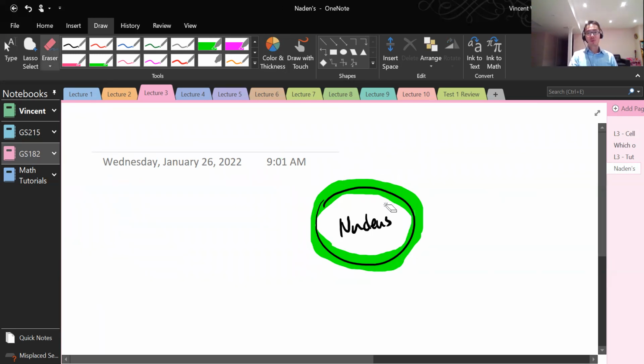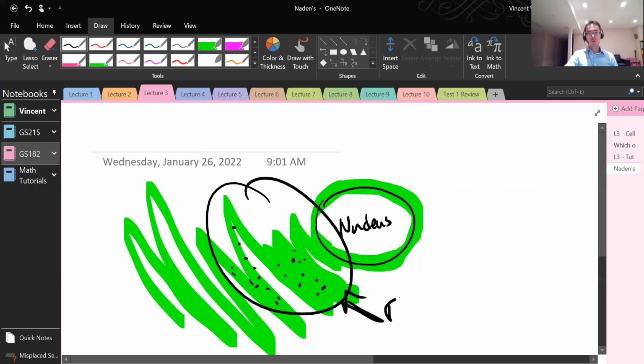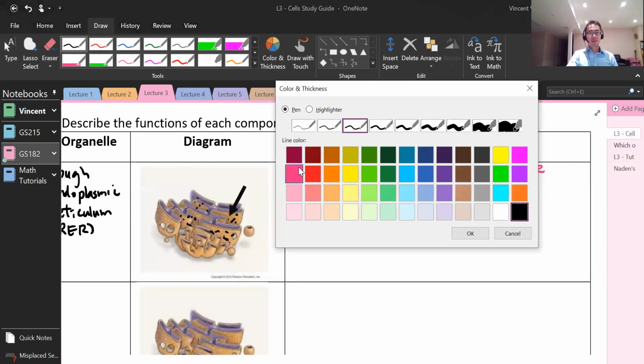It surrounds the nucleus and then continues to extend into the cytoplasm. You don't have to draw this. Then there will be ribosomes on it. This here is the rough ER, so it is continuous with the nuclear envelope. That's what it means. So back to here.